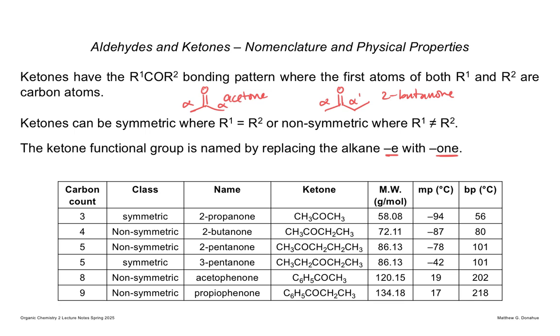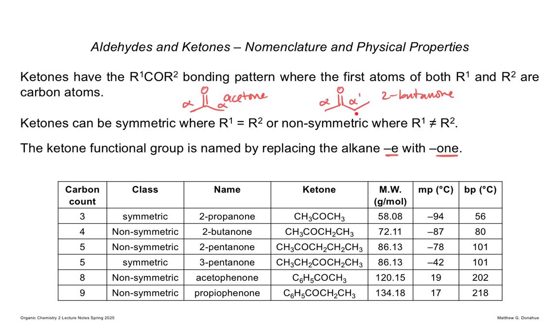As we'll learn in Module 4, you're going to put your time and effort into the non-symmetric ketones, because that module is based off the study of the alpha carbon itself. And so the issue is, if you run a reaction with acetone, the alpha carbons are the same, so it doesn't matter where the reaction takes place.